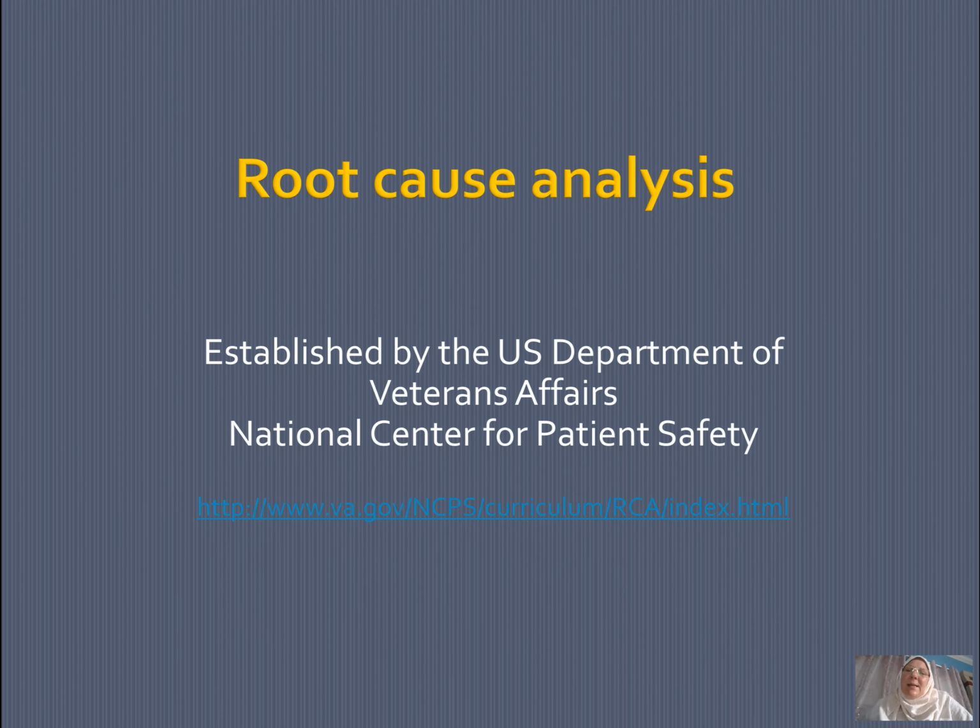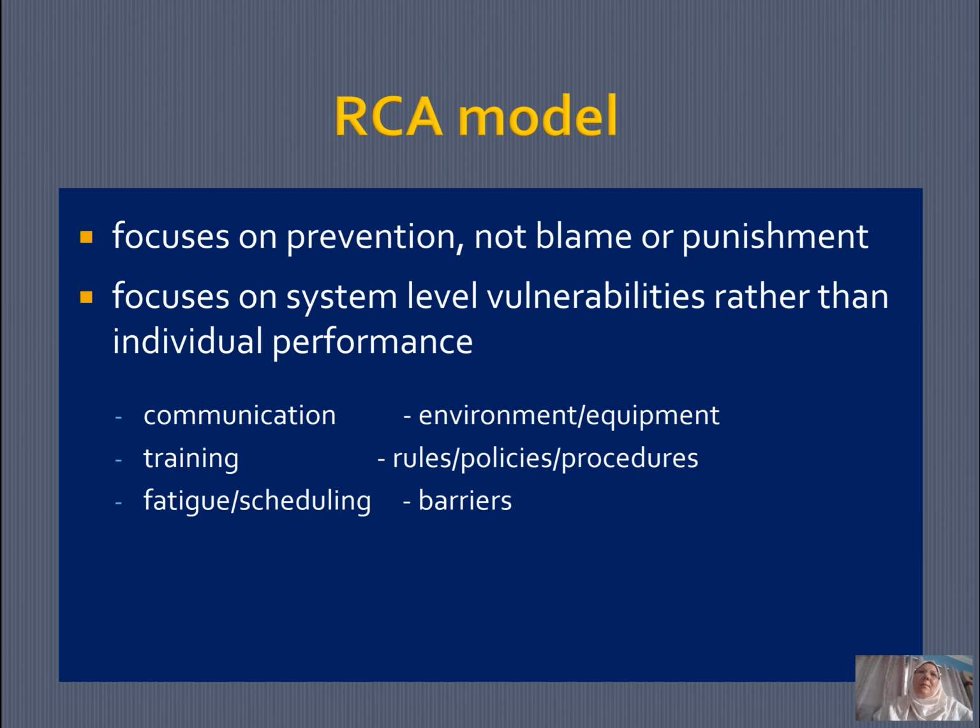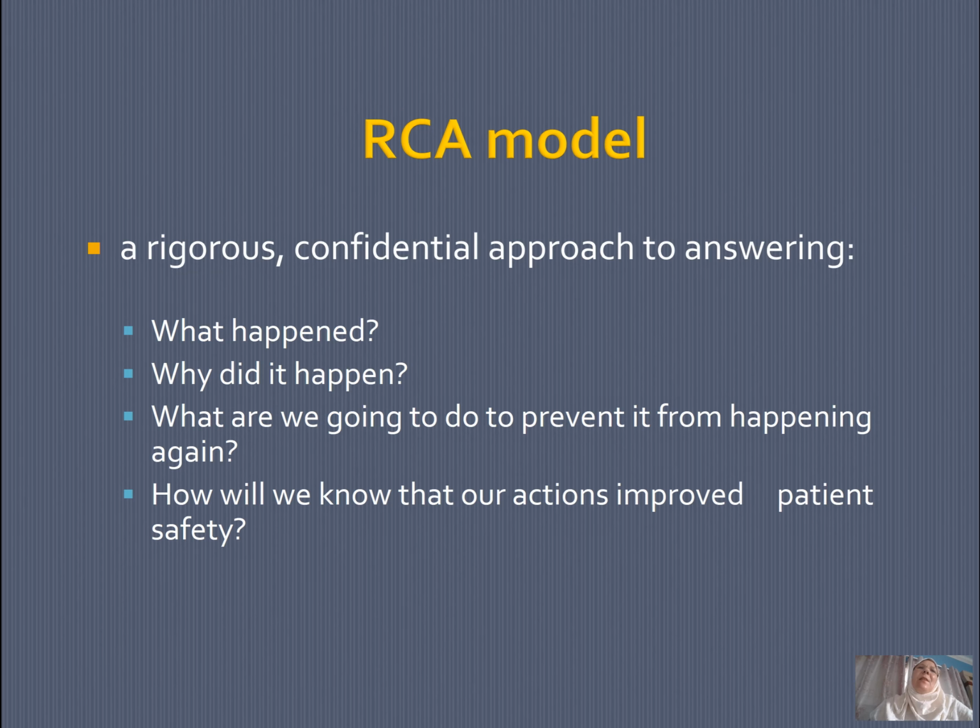Another way of looking at error is root cause analysis, and this is usually a fishbone model that looks at all the different levels that have led to an incident and how this can be removed. It is a very rigorous and confidential approach to answering what happened, why did it happen, what are we going to do to prevent it from happening again?